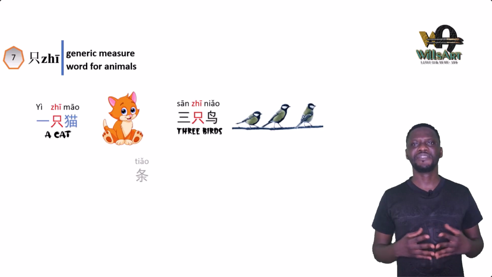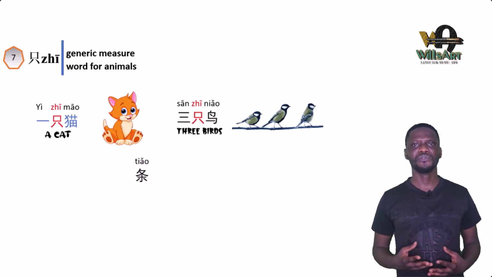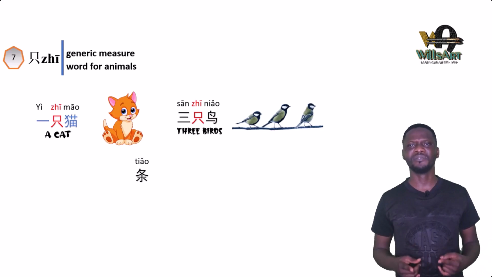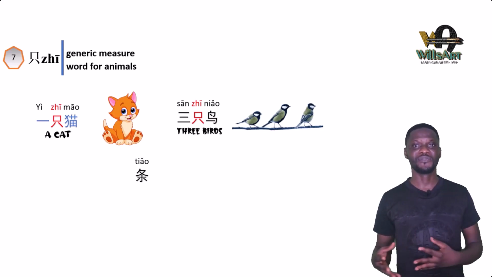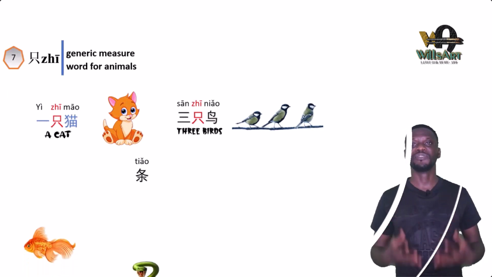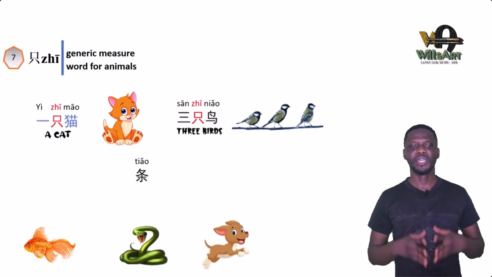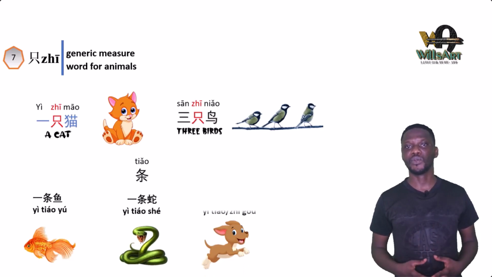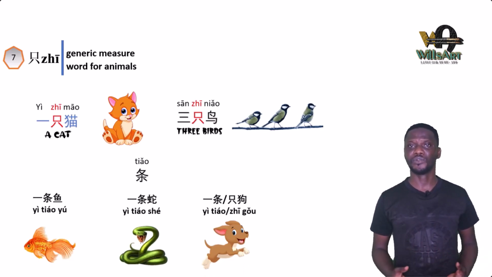Then you can have tiáo. Tiáo, as we just said earlier on, is a measure word for something long, but it can also be used for some specific animals. For example, you have animals like fish, snake, and dog. So you can say 一条鱼, 一条蛇, or 一条狗. You can also say 一只狗.